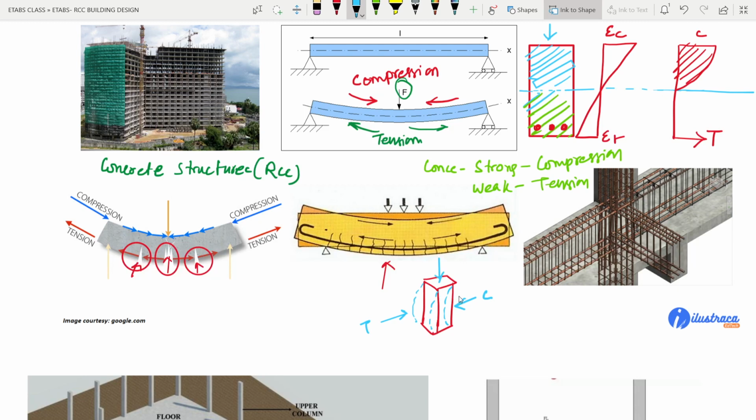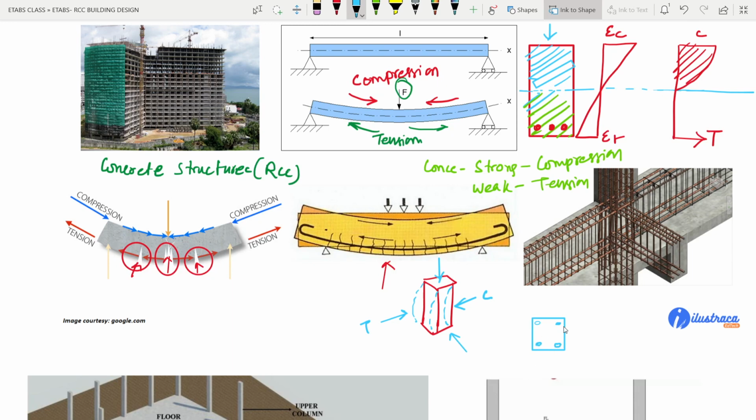Now in a column, we do not know from which side. There can be lateral loads also, I will talk about the loads in a while. So there can be loads from the horizontal direction also. So we do not know in which direction we will have compression and tension. That's why we create cages like this in the case of columns, right?